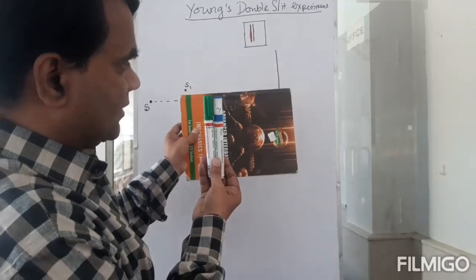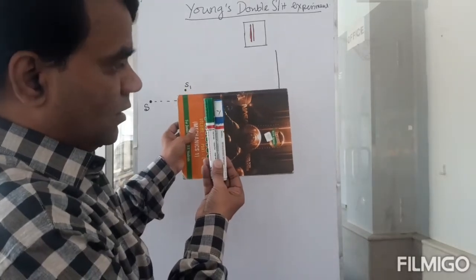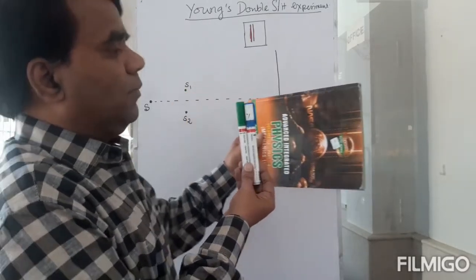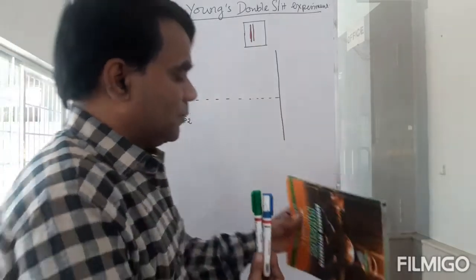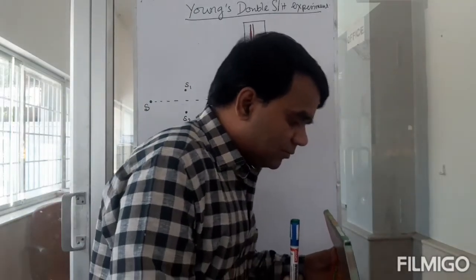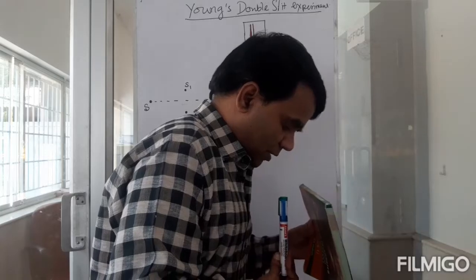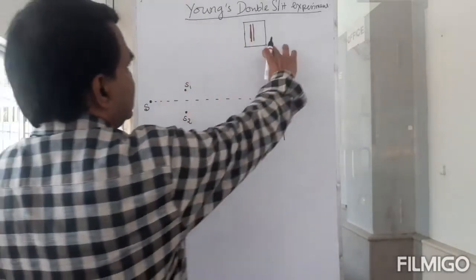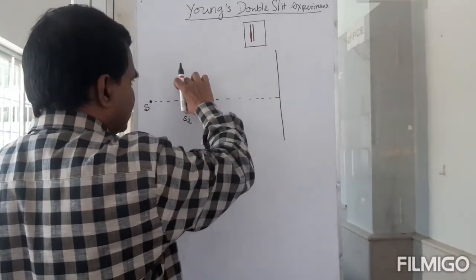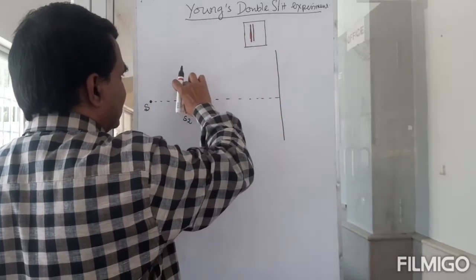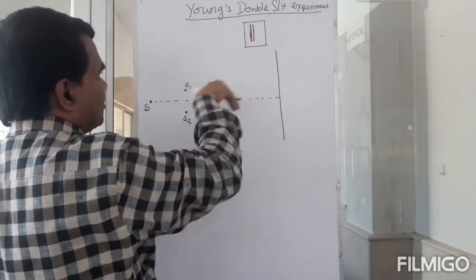Now this is the screen. Okay. And the source is somewhere here. Okay. So the 2 slits and then the screen. But then I'm looking at it like this. From the top, I'm looking at it like this. So that is what is happening here. So this is the book I showed you, and these are the pens I showed you as slits. But then I'm looking at them from the top view.